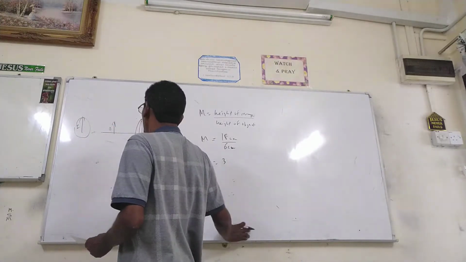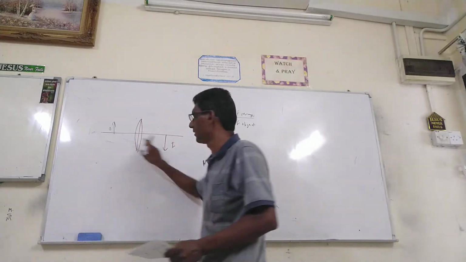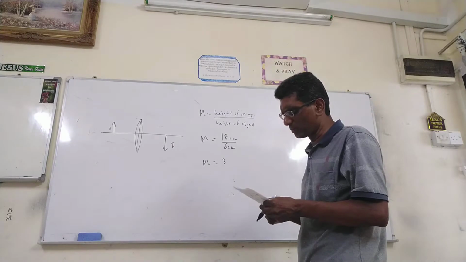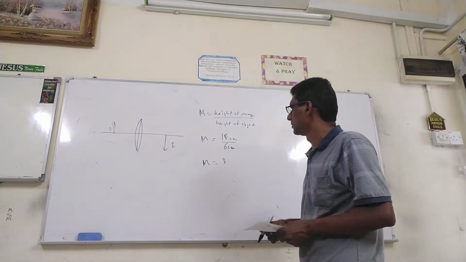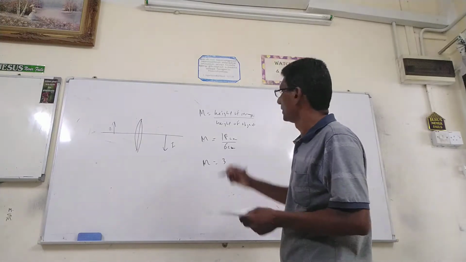So here the object and image are on opposite sides of the lens, the image behind the lens. Okay, find the object distance. So how to find the object distance? Question number 5.